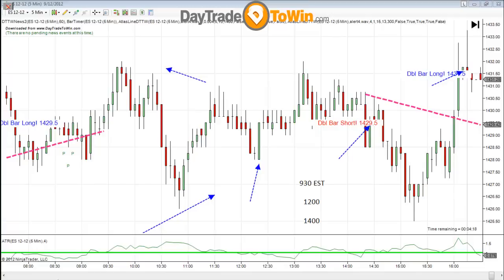So that's going with the trend on a 1-minute chart. The other scalping method that I offer is called the price action scalping method, which again has no indicators. It's just price, and it's a counter trend method using a tick chart. I use a 250 tick chart to go against the current trend.